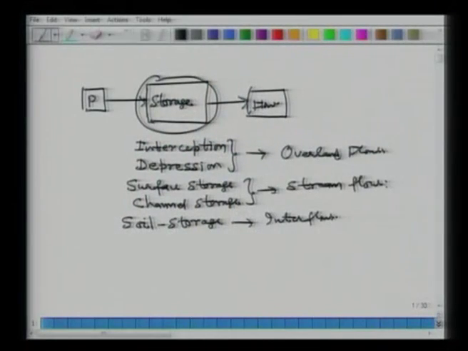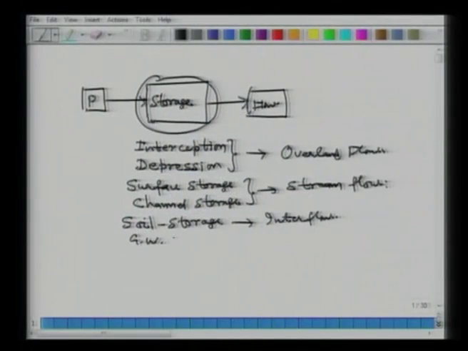I think all of you understand what is interflow. It is the movement of water in the unsaturated zone of the ground or the subsurface strata of the earth. When there is sufficient supply of water, water can travel laterally and appear as interflow into the creeks and rivers. Another type of storage is the groundwater storage.